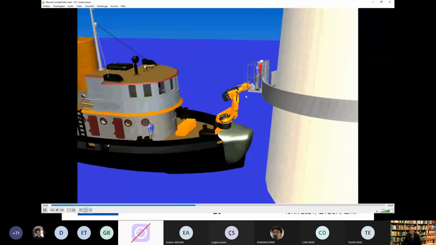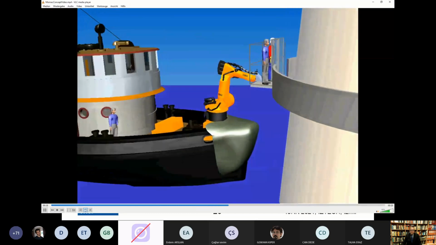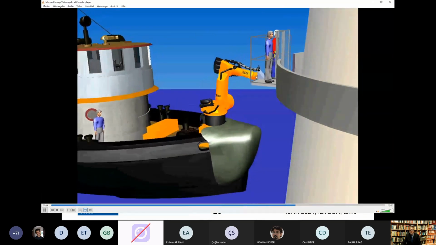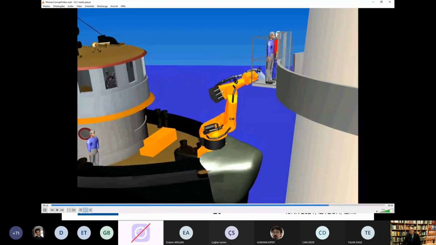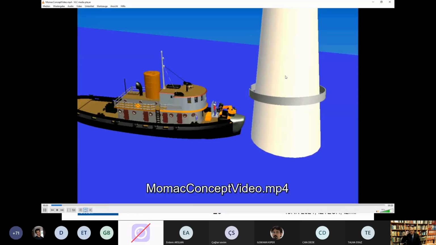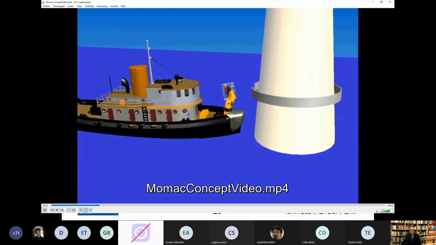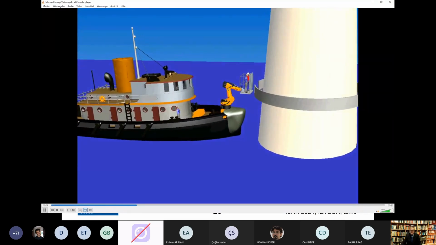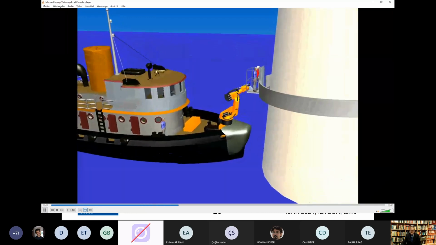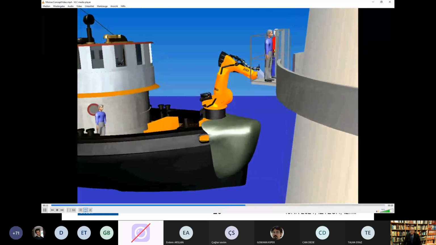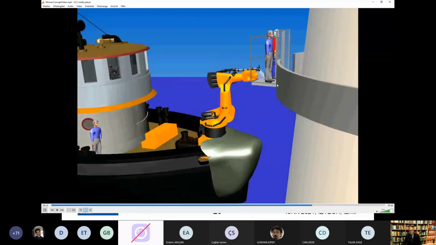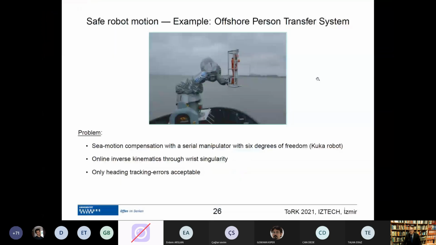In the case that you are compensating ship motion, if you have an emergency stop, then what will happen is that this robot becomes rigid, stiff, and then this cage is going to be bumped on the tower, like with a hammer. So we have to avoid under any circumstances that a robot ever runs into singularity or axis limit. Because if it does, the robot does emergency stop, and then the passenger is endangered.